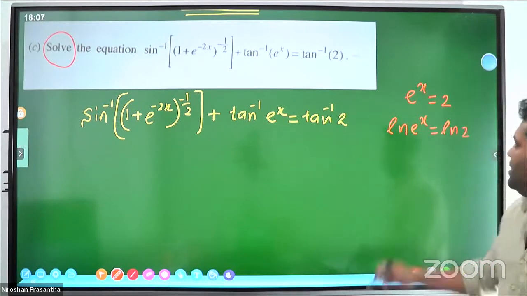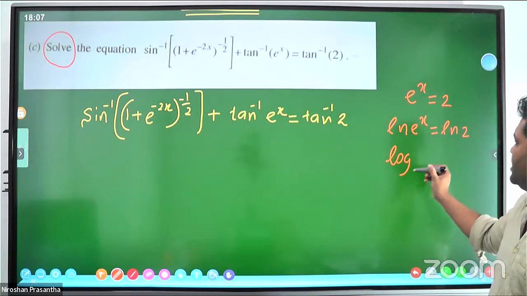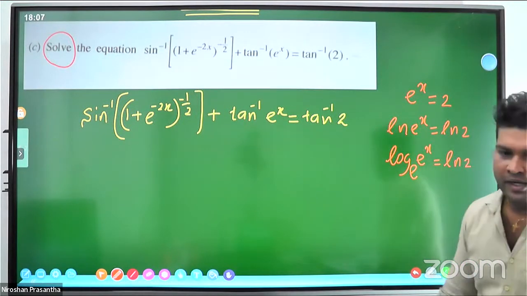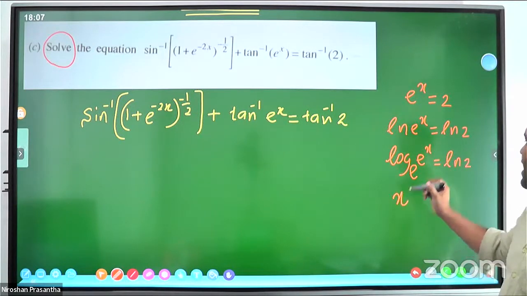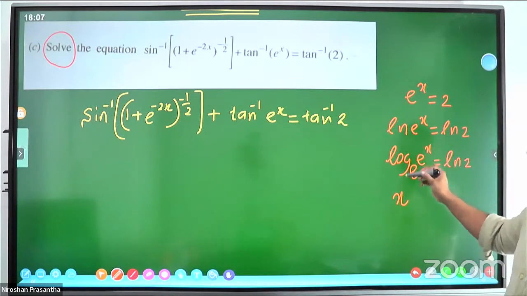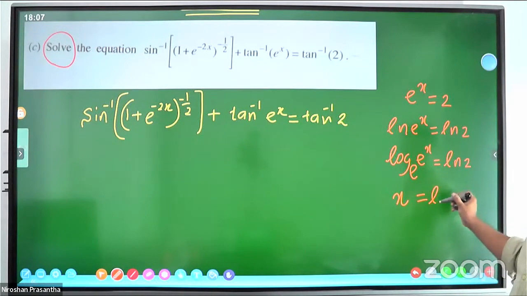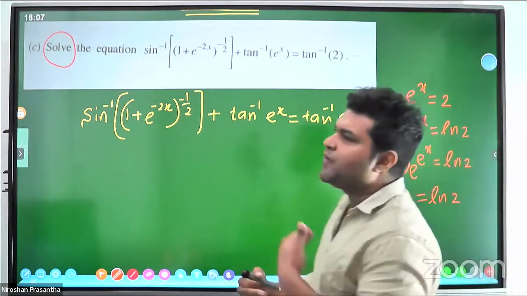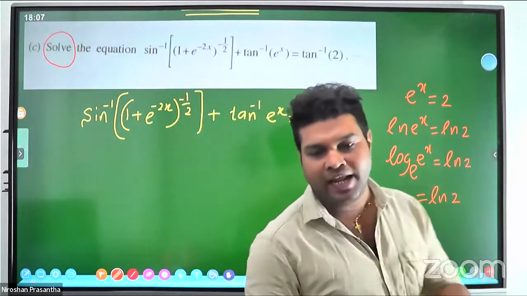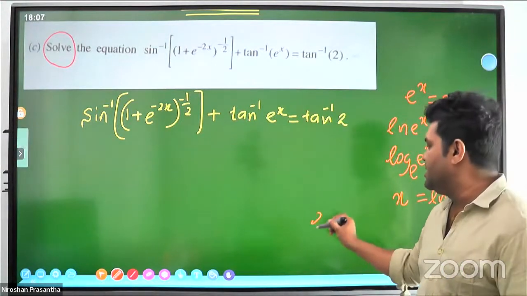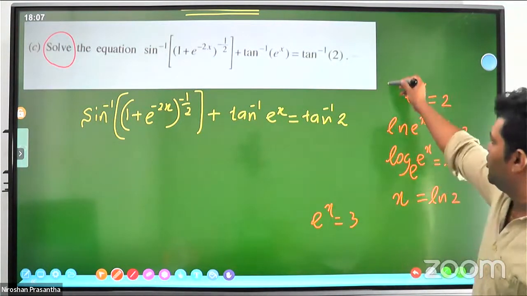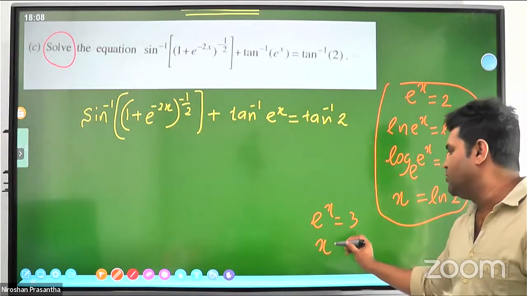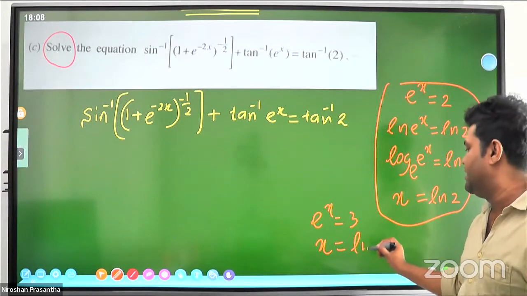You must remember ln is the logarithm to the base e. Therefore this will be x, because you know ln e is 1, therefore x equals ln 2. The inverse function of the exponential is ln. Remember, once you have e^x equals 3, no need to go this way. If you want, okay. But definitely you can write x equals ln 3. This is your answer.